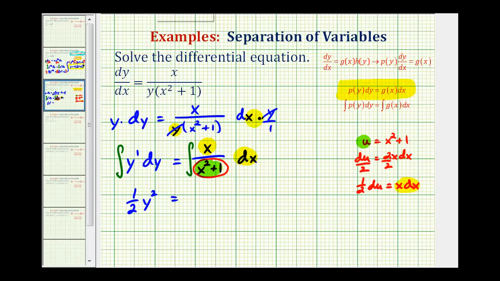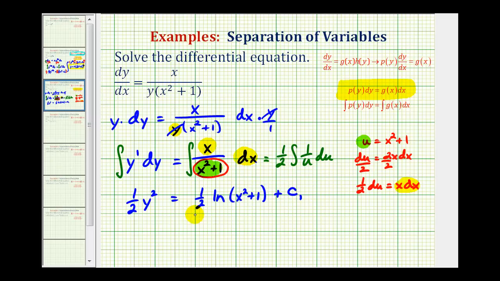So if we write this in terms of u, we'd have 1/2 times the integral of 1 over u du, which would be 1/2 times the natural log of u, or 1/2 times the natural log of x squared plus 1, plus our constant of integration, we'll call it c sub 1.